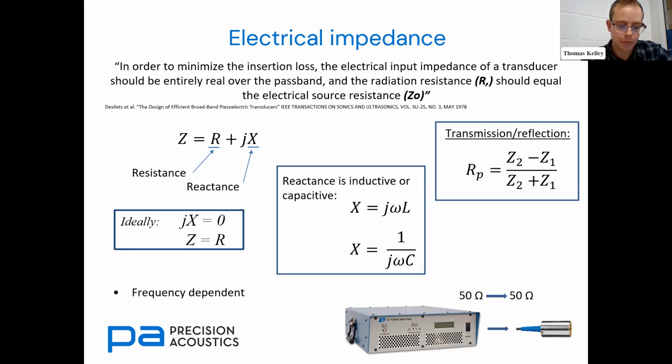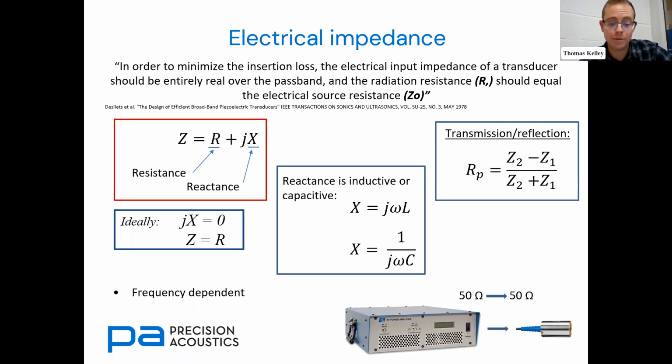Electrical impedance is usually measured as a complex number, the sum of resistance and reactance. The reactance is capacitive or inductive and is very much frequency dependent, although resistance is also frequency dependent in the context of RF.